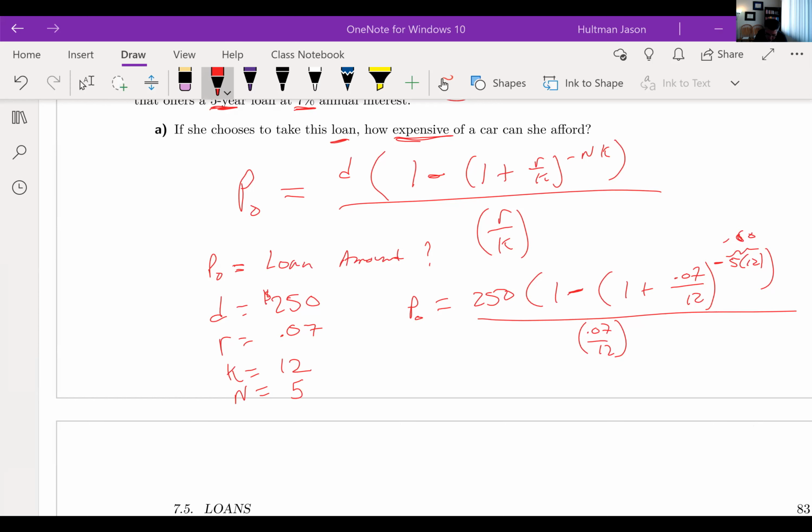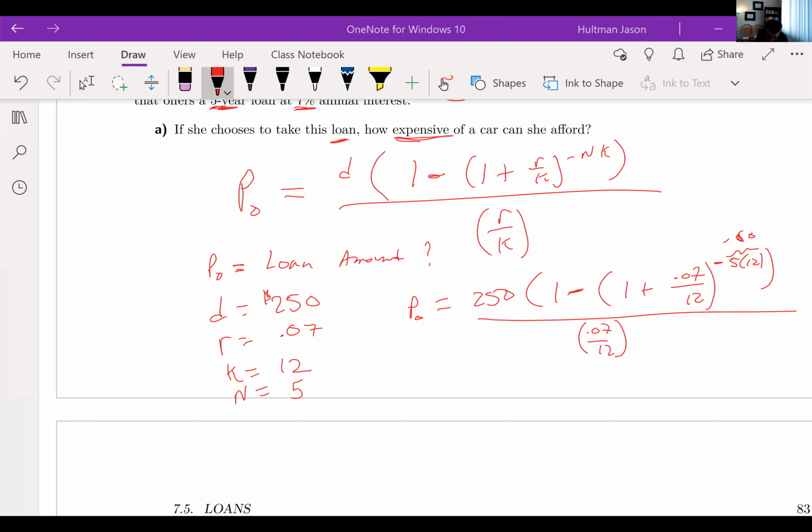Okay, so I'm going to use my calculator here. I'm going to say that I have 250 times, first parenthesis, 1 minus, second parenthesis, 1 plus 0.07 divided by 12, close the first parenthesis, raised to the negative 60th power.